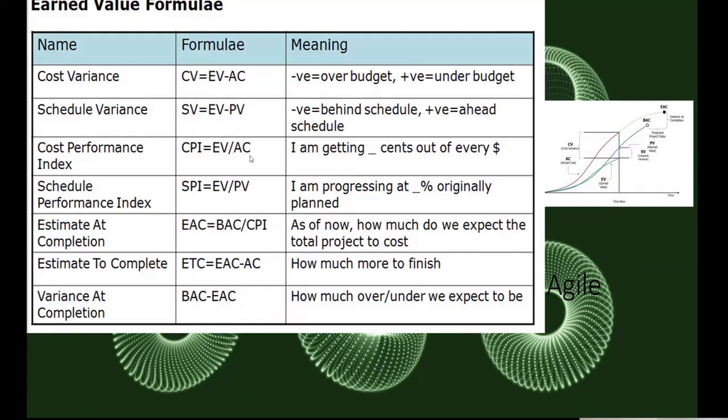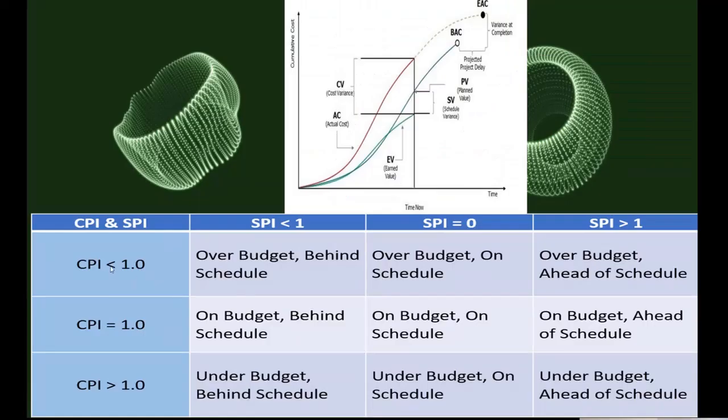If it decreases, then your CPI will go above 1, right? So we will count less than 1, equal to 1, greater than 1. Greater than 1 is always good for us, and less than 1 is not good. For both CPI and SPI, less than 1 is not good. Equal to or greater than 1 is good, right?